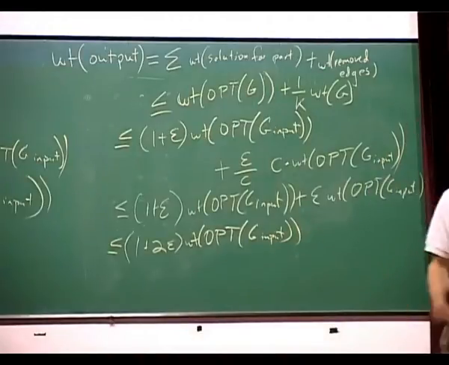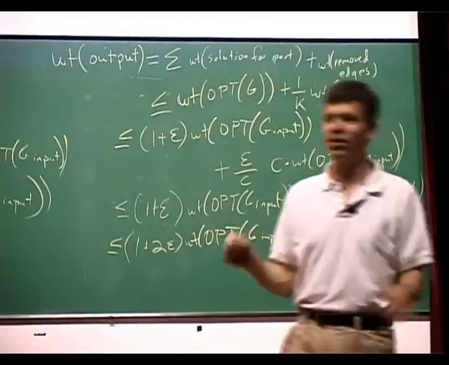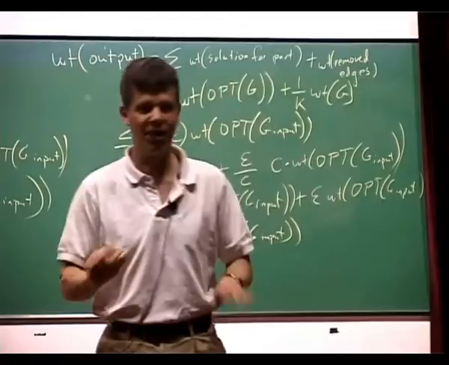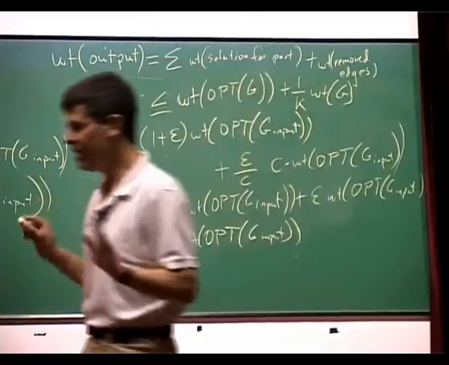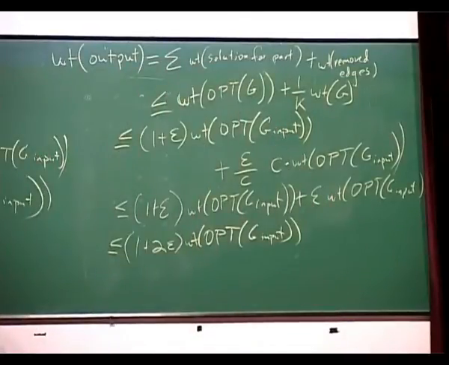So this is success. We wanted a 1 plus epsilon approximation and we got 1 plus 2 epsilon. That's okay. If we wanted a 10% error, we just plug in epsilon equals 5%.